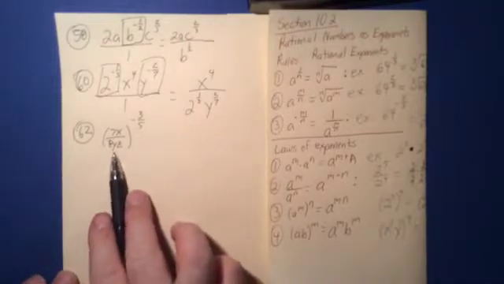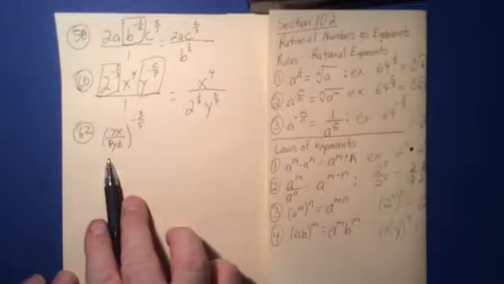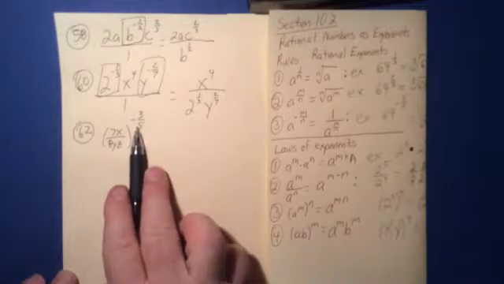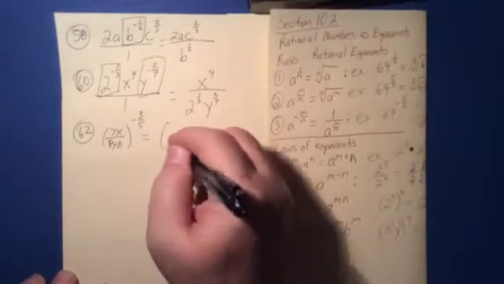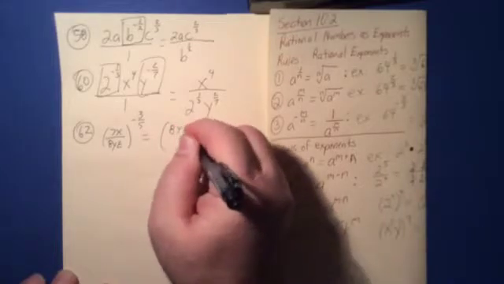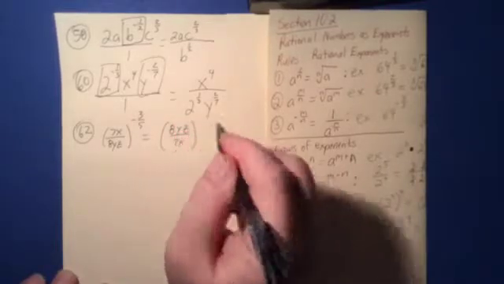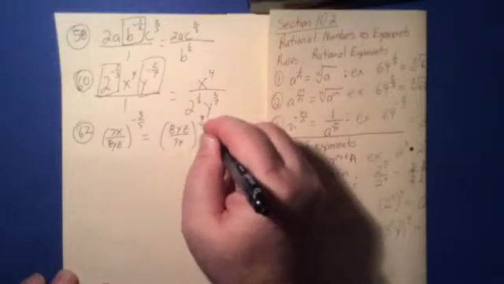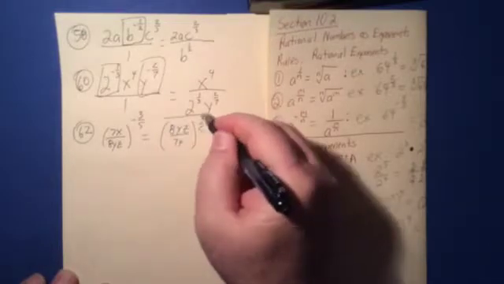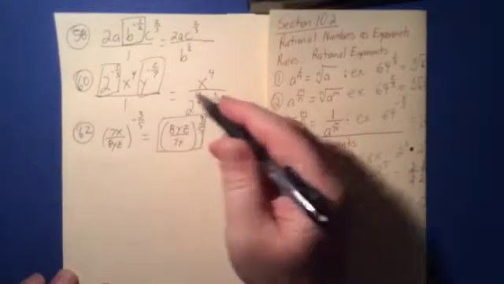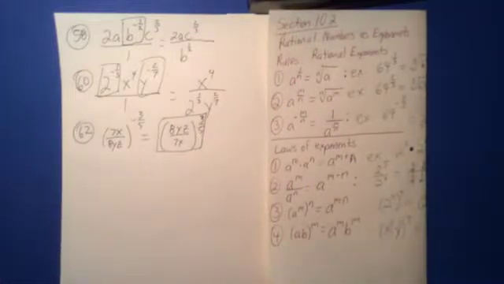If you have an entire fraction and the entire thing is raised to a negative exponent, all I'm going to do is go ahead and flip the fraction, and then change the exponent from negative to positive. So it's going to be 8yz over 7x to the positive 3/5. And that is the only thing I can do to work toward simplifying this.